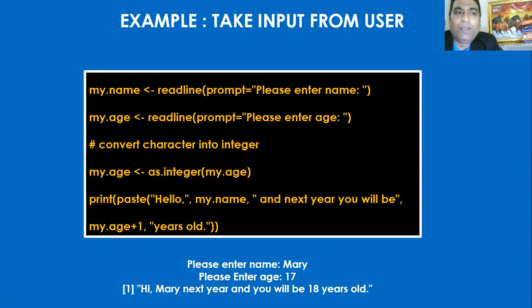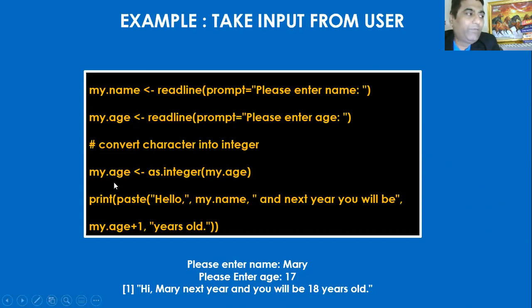And the second is my dot age. Again, my dot age is a variable, and the readline function is used to take the input from the keyboard. The prompt will appear as please enter the age. The third line is a remark, which will convert the character into an integer.